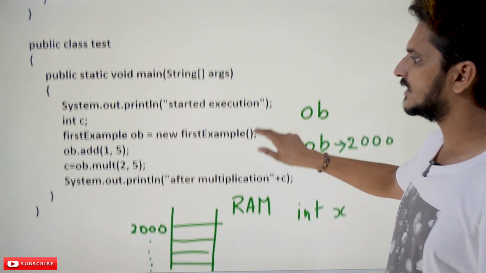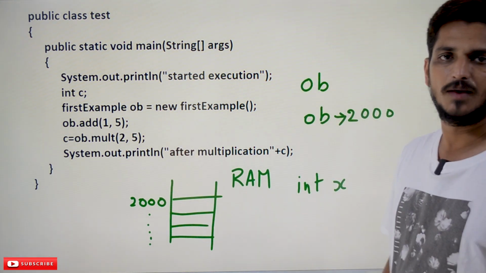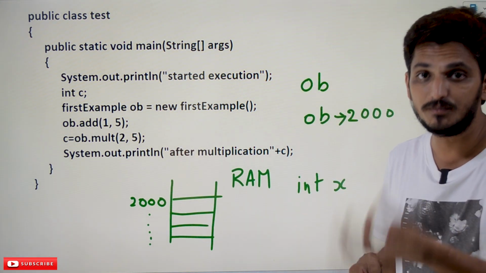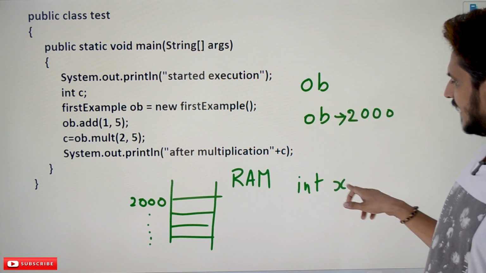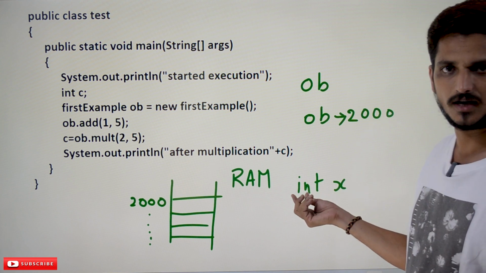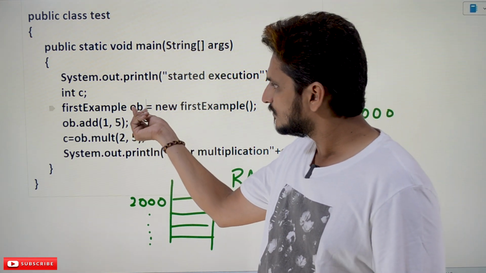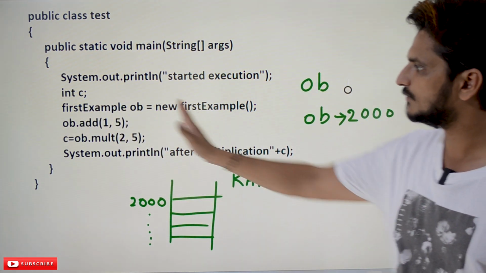See here, try to understand this. What is this? firstExample ob means we created a variable for the class firstExample. Similarly, int x, what is the meaning of this? x is a variable of type int. Similarly, ob is a variable which belongs to class firstExample. That's the meaning of that.